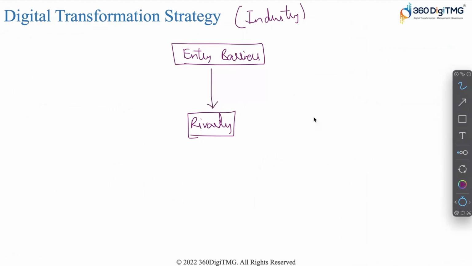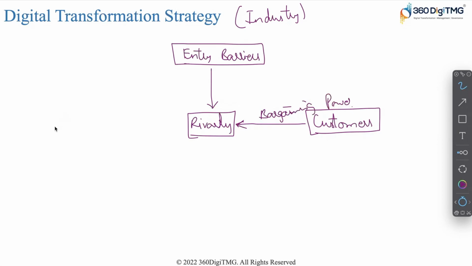And also you get your customers, who are your customers, etc. And there is the bargaining power of your customers. With respect to suppliers, you need to check whether your suppliers are bargaining heavily. Once again, look at the bargaining power.